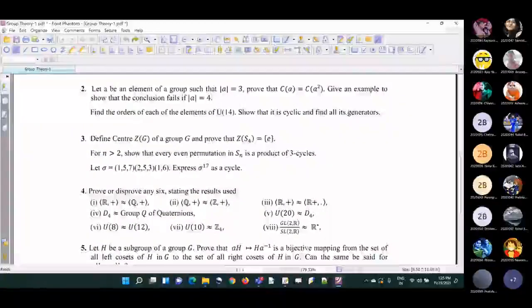And then they are telling you to find all its generators.